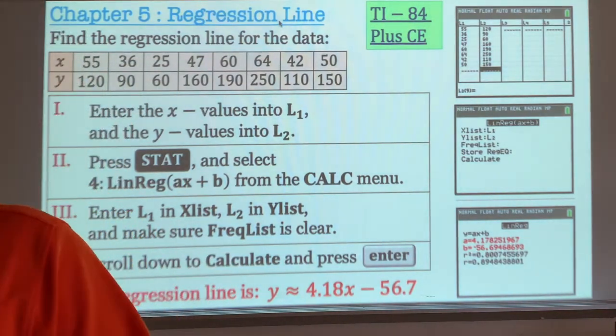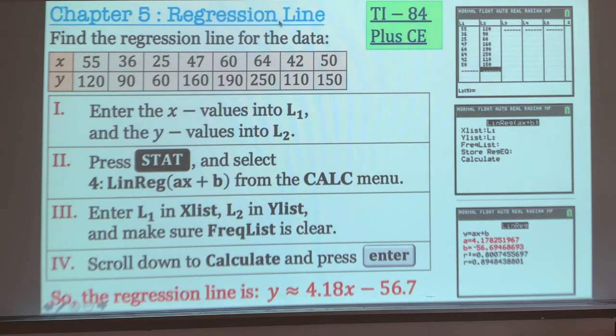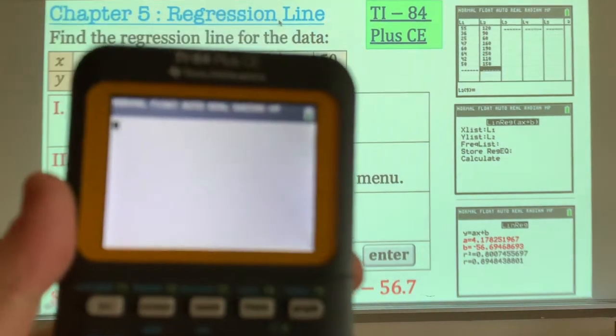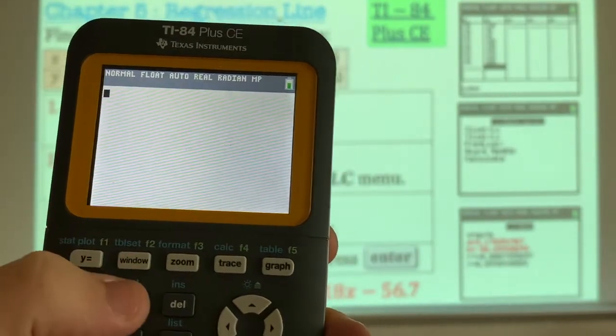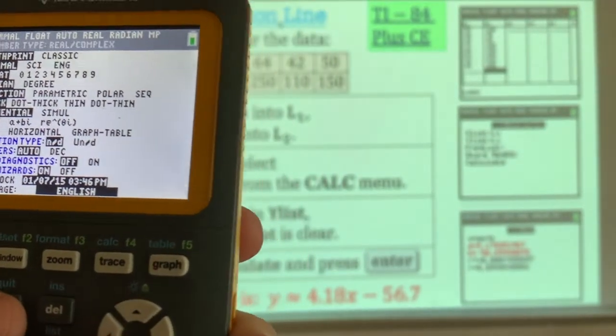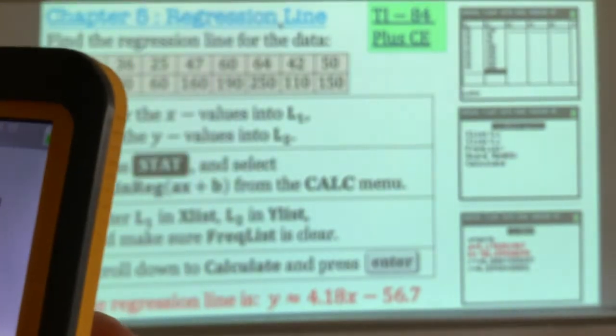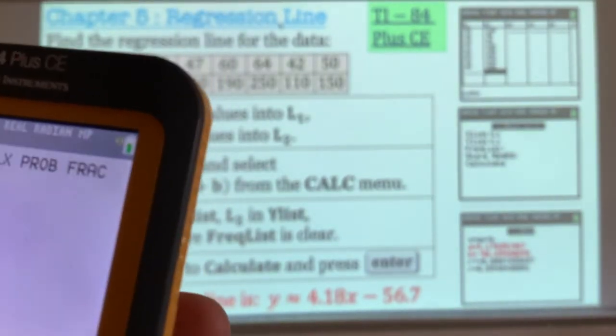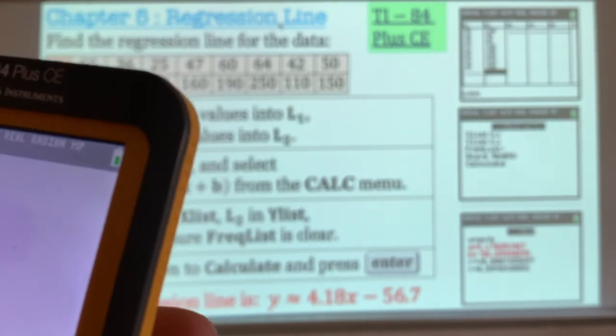If you want to know if this is a good regression line, what you could do is, in your calculator, remember to get the regression coefficient, you have to take mode, and when you go down to, nope, not mode, where are we at?